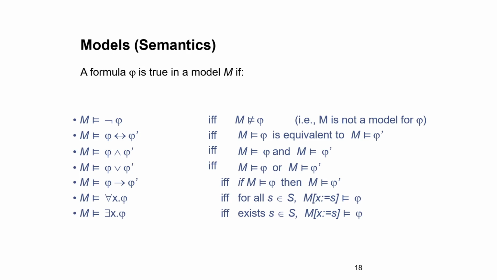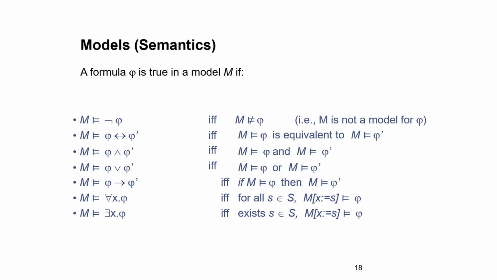Some examples of the basic semantics. We can define the semantics for our highest level formulas. The negation of a formula is modeled by M if the formula itself is not modeled by M. That's the simple interpretation of negation.